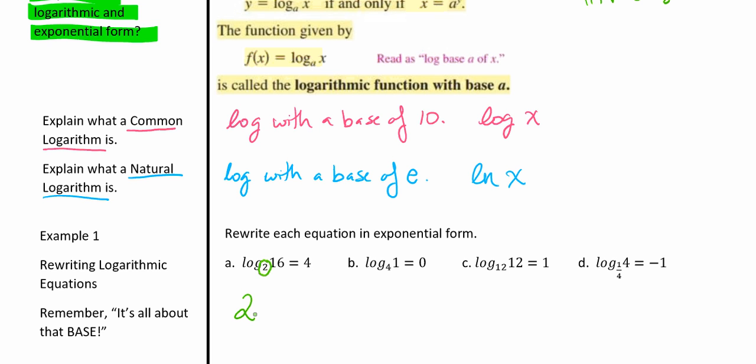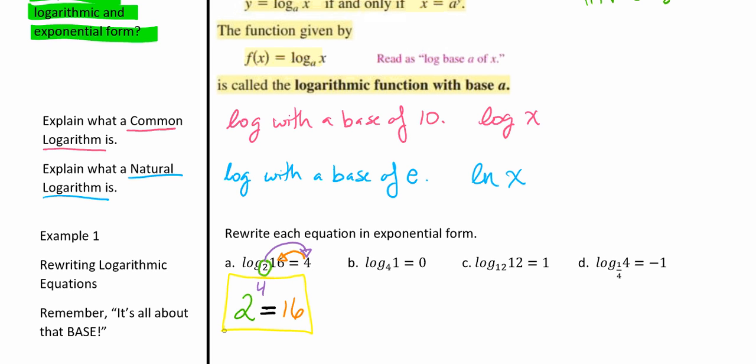Then we go to the window, to the wall. We take our 2, go to the window, which is the 4, so raise it to the 4th power, and set it equal to the 16. So 2 to the 4th power is 16, and we've written our log in exponential form.